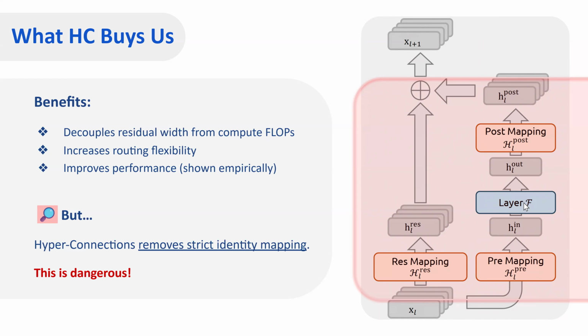We are increasing routing flexibility in this mapping part. Different hidden embeddings can contribute to each other and exchange information, and we are improving performance, as they show in their paper on hyper-connections. But the problem here is that hyper-connections remove the strict identity mapping.